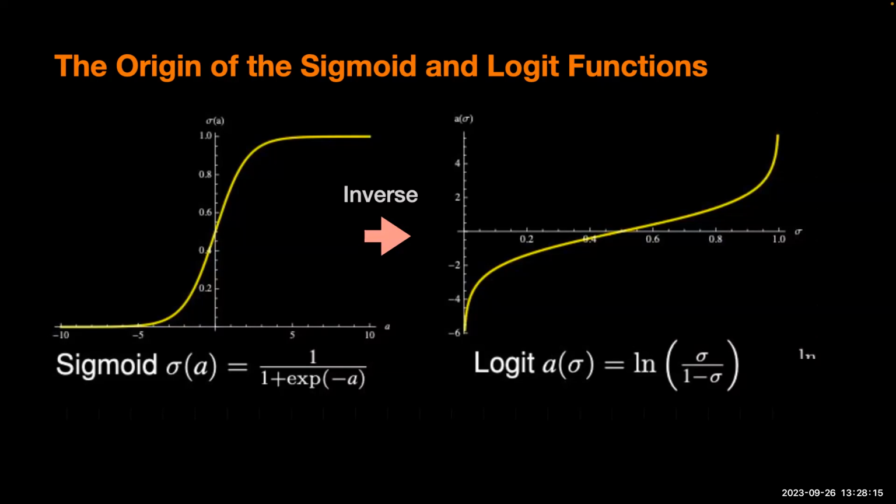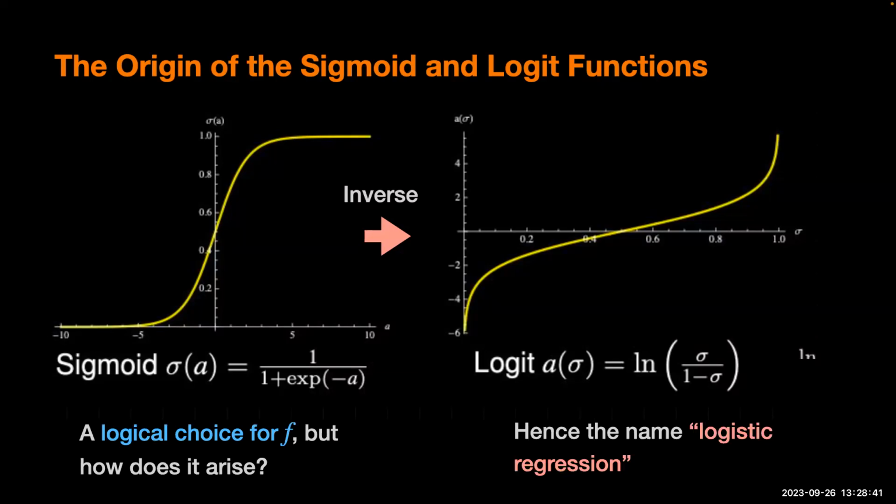It's not just some genius's dream of some sigmoid function. It turns out that the inverse function of the sigmoid function, which is obviously invertible because it's monotonic, is what we call the logit function, which is why we have the name logistic regression.